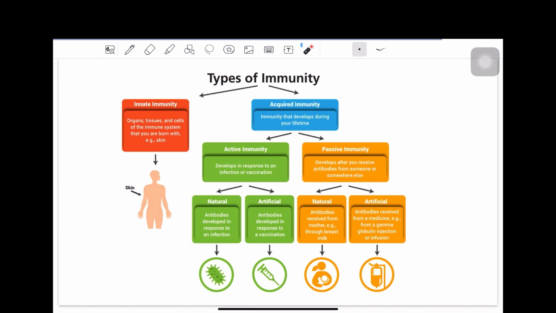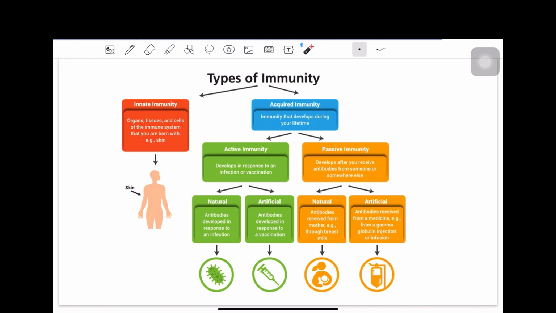So it will produce this antibody response very quickly on a second exposure to that virus. That is how our body gets rid of the viral infection very quickly on subsequent exposures. That is how a vaccine works, and that is the active artificial immunity.